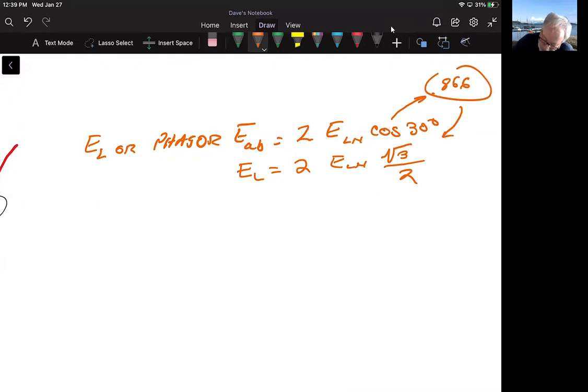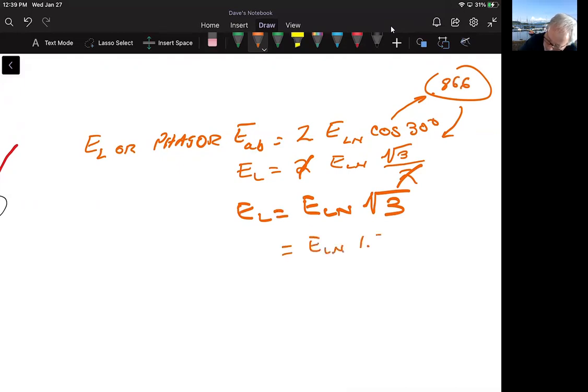Well, if I'm trying to solve this, these 2 will cancel out. And so the line voltage is equal to the line to neutral voltage times the square root of 3, and again, we get to that same number.